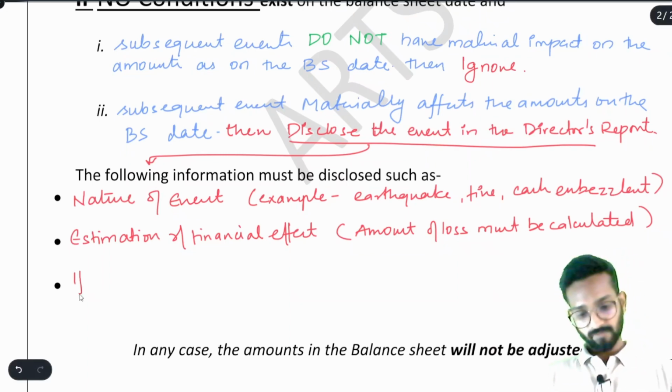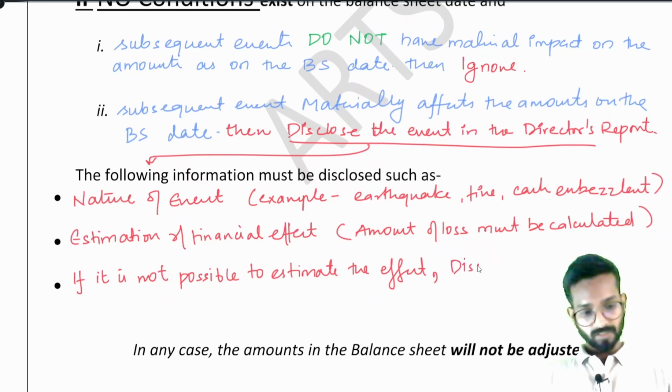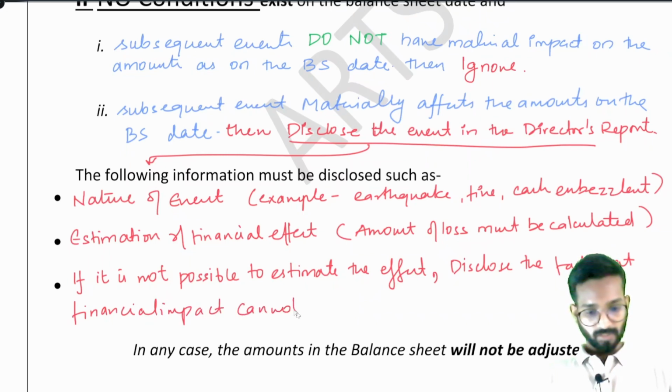We will write, if it is not possible to estimate the loss, to estimate the effect, then you can just disclose the fact that the financial impact could not be quantified in the financial statements.